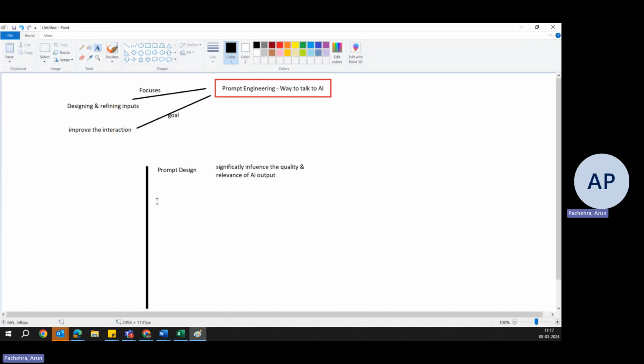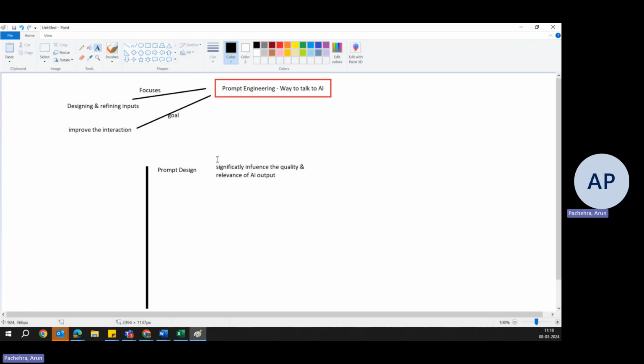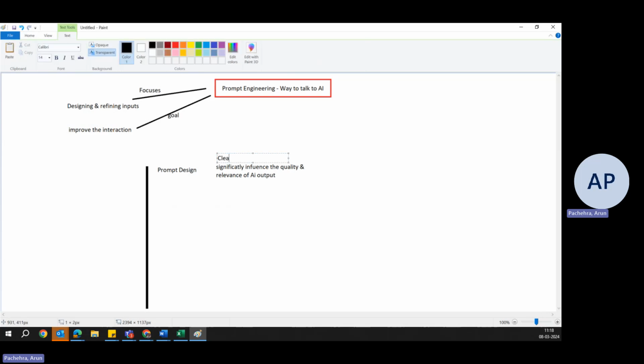That's the first aspect we need to keep in mind while crafting the input. It should clearly communicate the task or question.